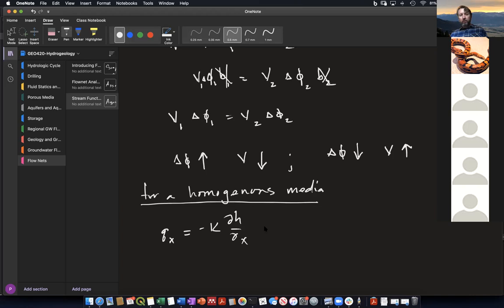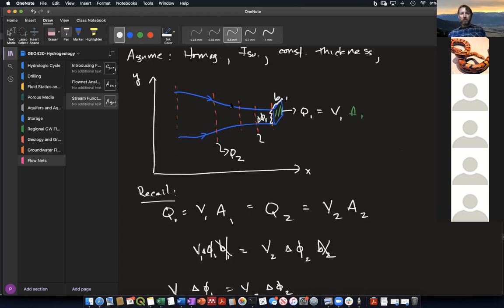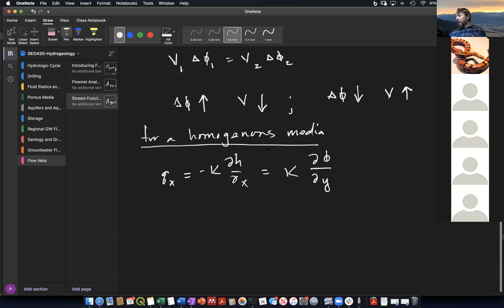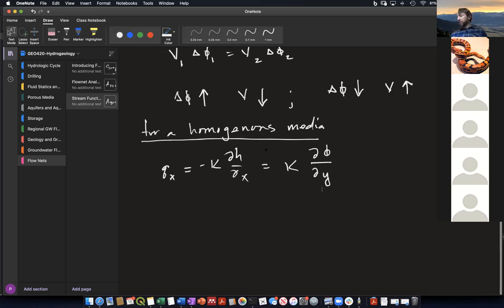And we could also then say this is equal to K d phi dy. So we can calculate the flux either from the head gradient or from the stream tube gradient, which is the change in the stream tube width. We're not ever going to calculate it this way, but it gives us some intuition.